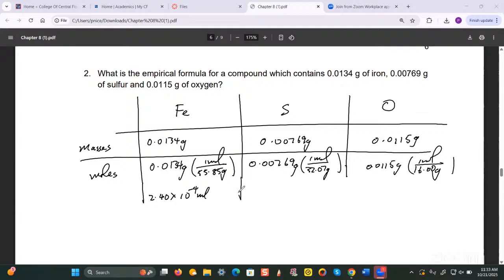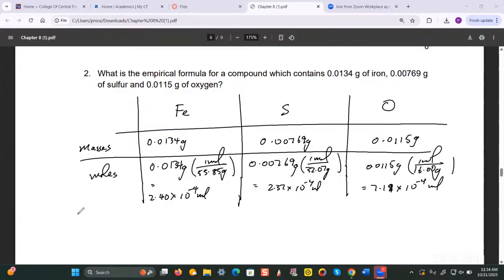And in the case of sulfur, it's 0.00769 divided by 32.07, and I got 2.37 times 10 to the minus 4 mole. And in the case of the oxygen, 0.0115 divided by 16, I got 7.19 times 10 to the minus 4 mole.